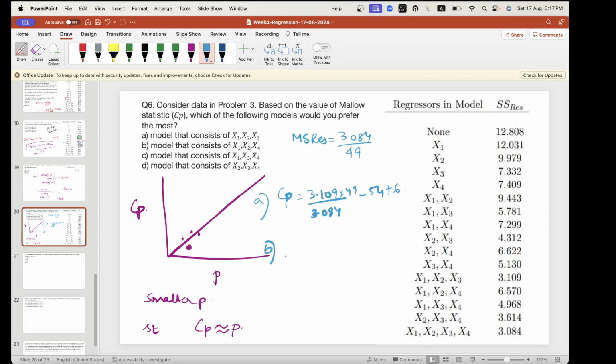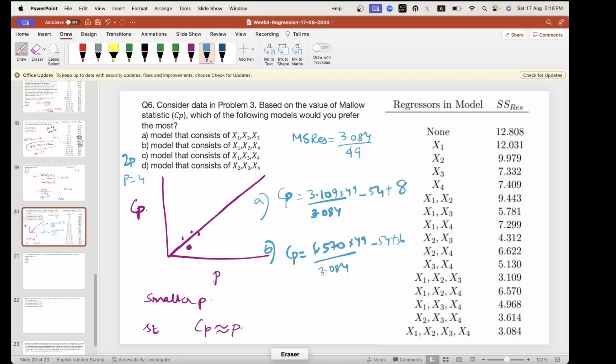For B it would be x1 x2 x4, so this thing, 6.570 by 3.084 by 49, minus 54 plus 6. Oh, one second, this won't be plus 6, this would be plus 8, because 2p, here p is 4, 3 predictors and the intercept.